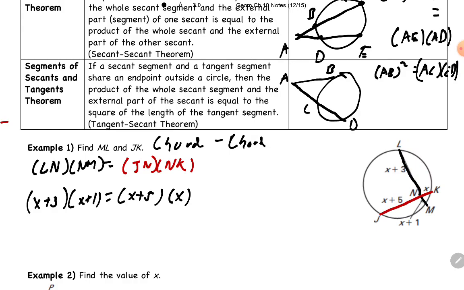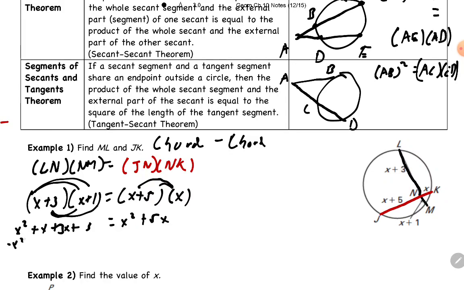On the right side, we can just distribute the x, and we'll get x squared plus 5x. On the left side, we're going to have to FOIL: x squared plus x plus 3x plus 3. Since there's 1x squared on both sides, we can just get rid of those, because we don't need to move them anywhere.